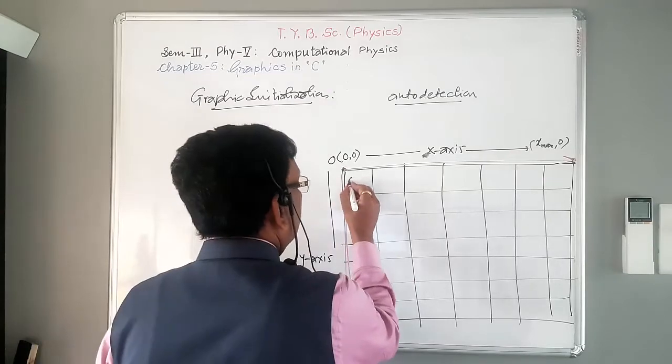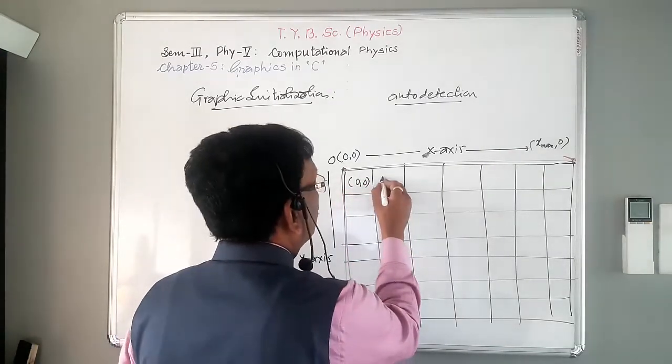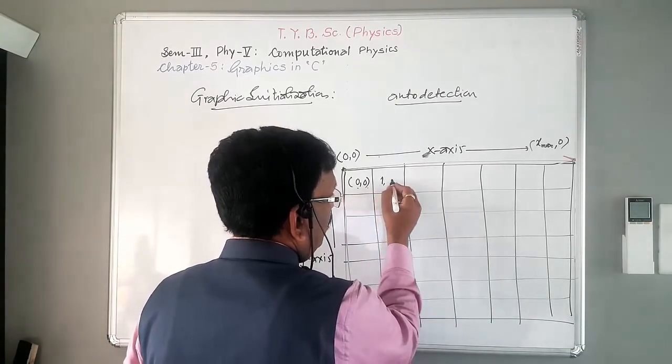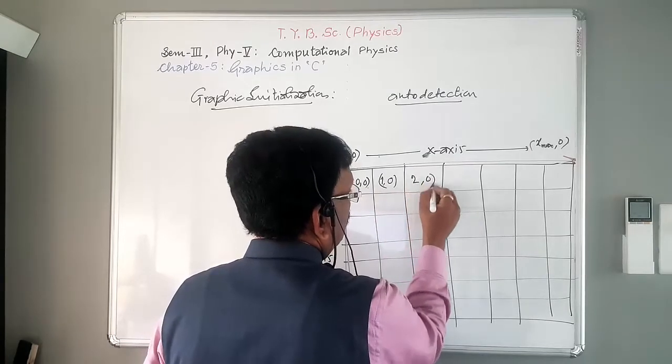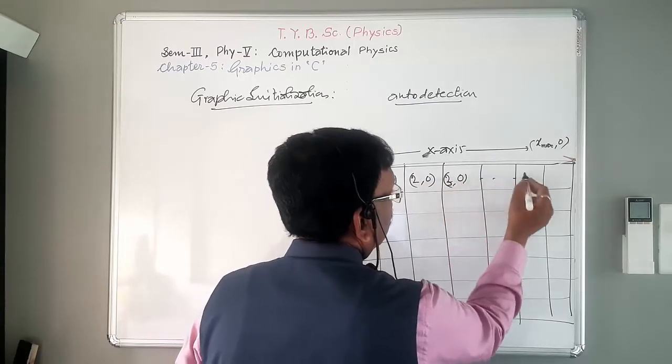And what will the first cell at 0, 0 represent? First column, 0th row. Second column, 0th row. Third column, 0th row. Like this.